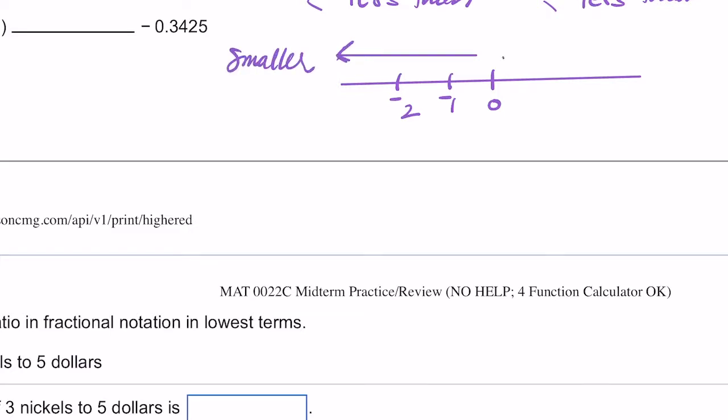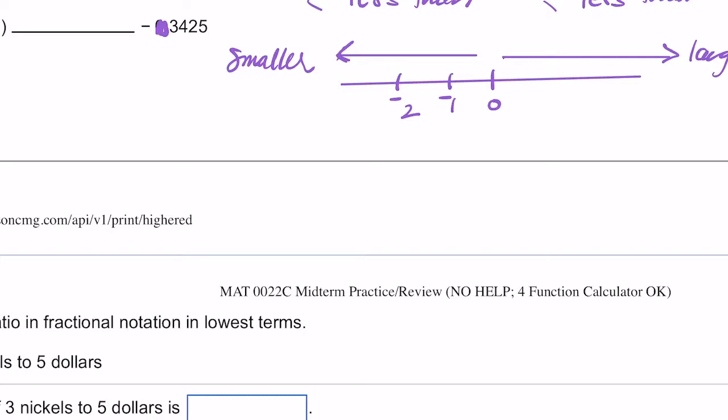As you move to the right, the numbers grow, or get larger. If you take away the decimal point for a second and just think of negative 3452 and negative 3425, which one would be smaller?